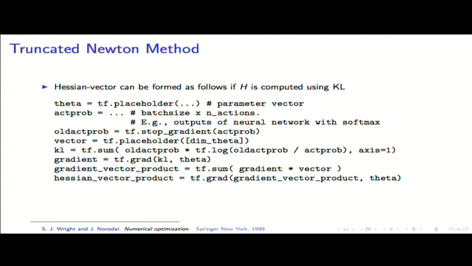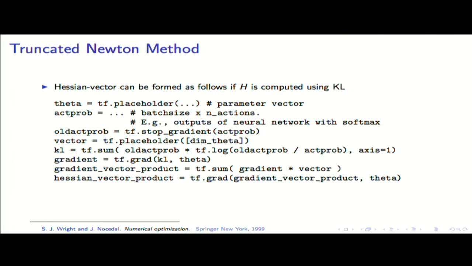So here's what the pseudocode looks like for that. Let's say we have a network, and theta is the parameters of our policy. Let's say theta is all the flattened weights and biases of a neural network, and then we're going to reshape and slice it to put it into our neural network.